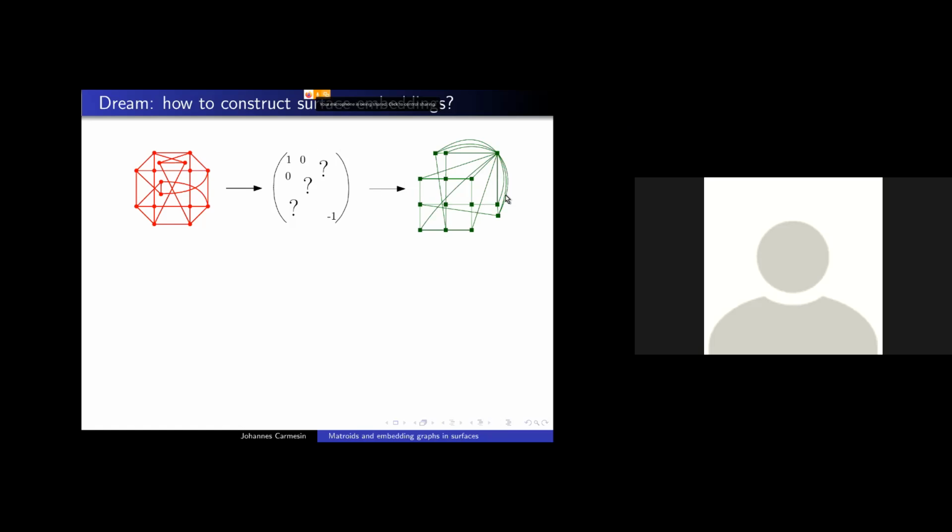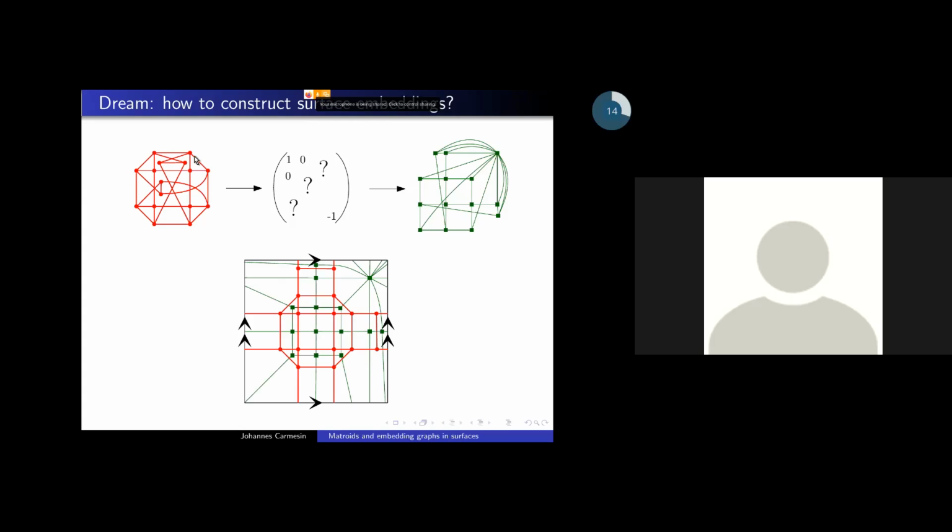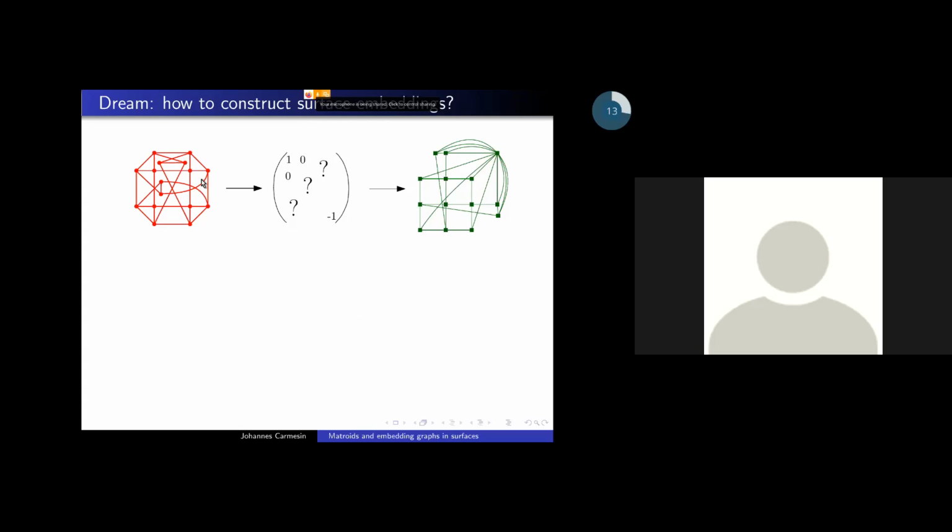Right, and now we could use this green graph to construct an embedding. How would that work? Well, if everything works out fine, then every vertex of the green graph will be a cycle in the red graph. More precisely, there would be a bijection between the edges in the green graph and the edges in the red graph. And so if you look at a vertex, the outgoing edges would form a cycle in the red graph.